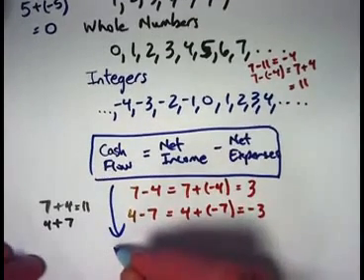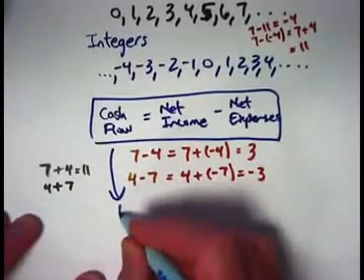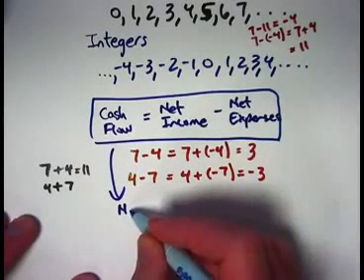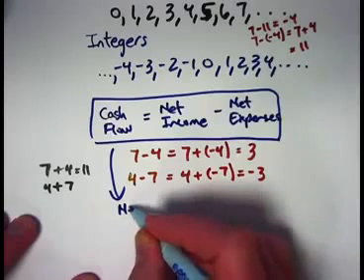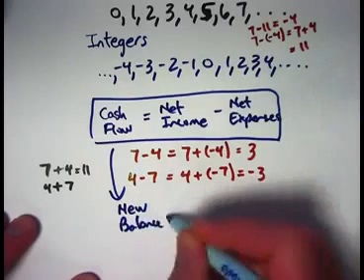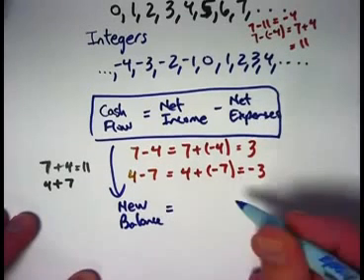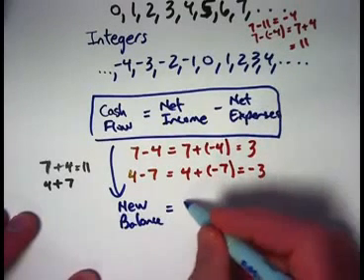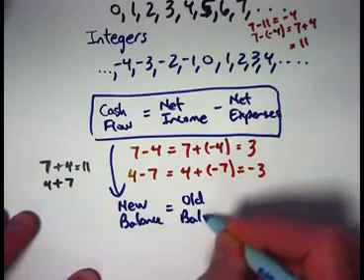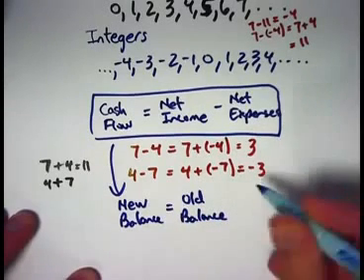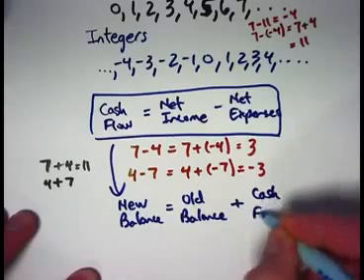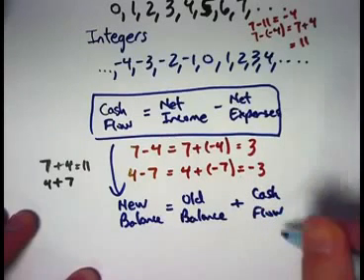If you think about your money sitting in a bank, you've got a certain balance on a certain day, maybe the beginning of the month, and you want to find your new balance at the end of the month. What you can do is take your old balance at the beginning of the month and add your cash flow, assuming that all your money goes into the bank.